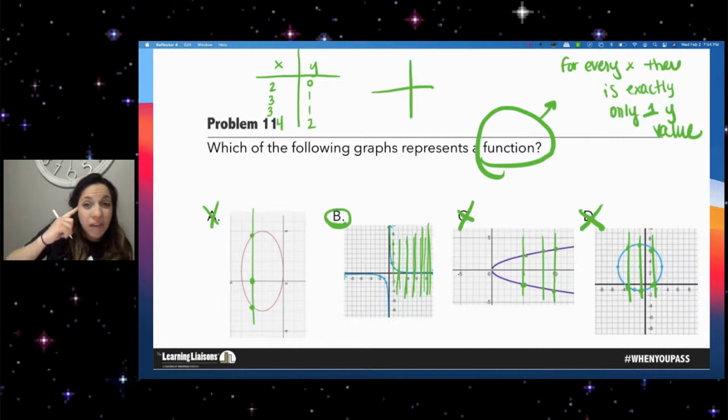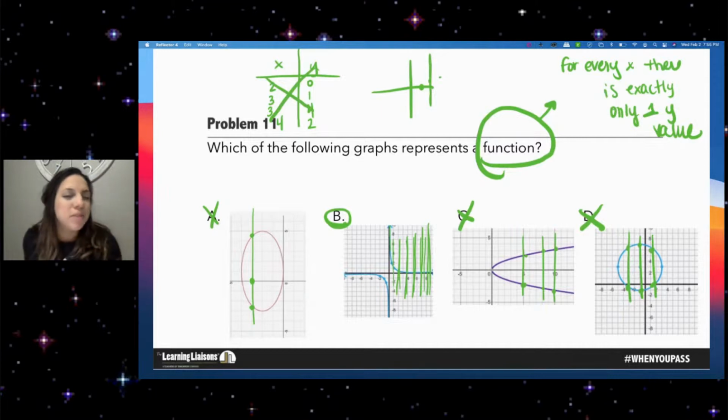I'll quickly graph it in my head: over 2 up 0, over 3 up 1. That was a poor example. Over 3 up 4. And over 4 up 2, I see that I have a vertical line issue, so that would not be a function. So sometimes I'll just take the extra time to quickly graph it if I can't remember this statement right here.